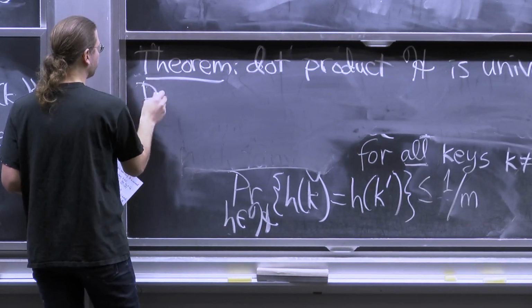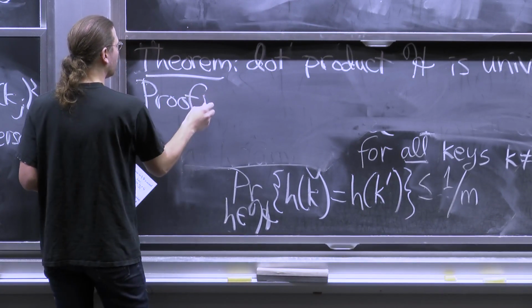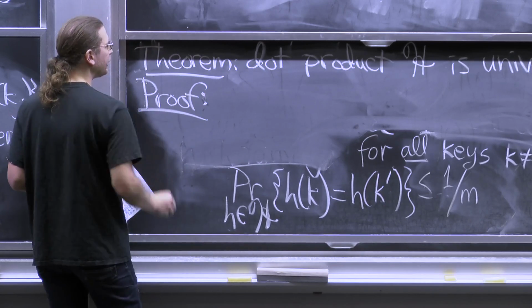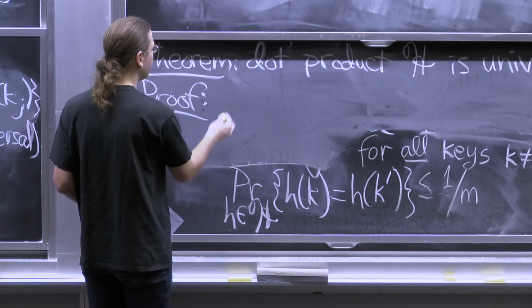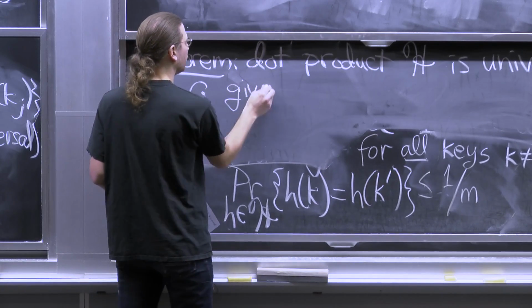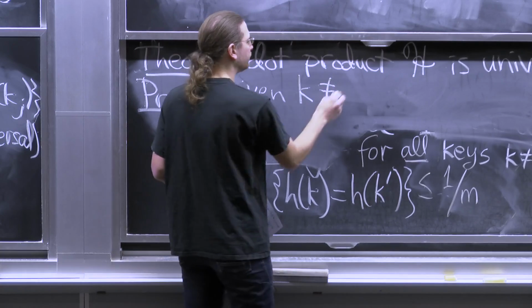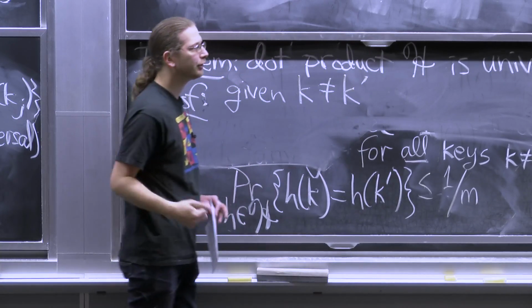We're given two keys. We have no control over them because this has to work for all keys that are distinct. The only thing we know is that they're distinct.